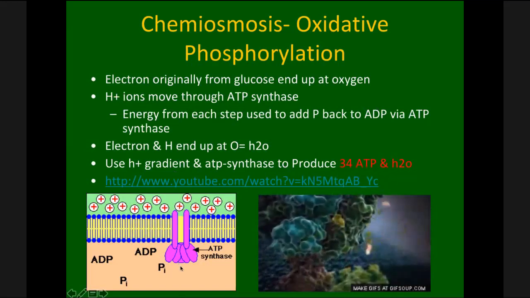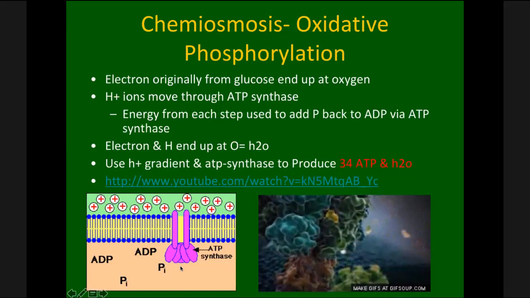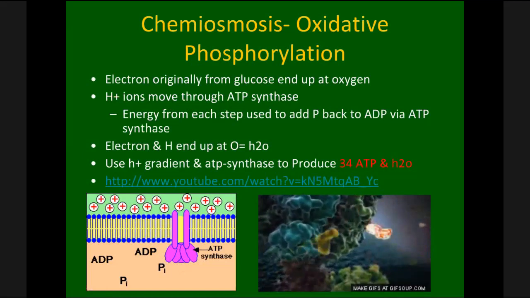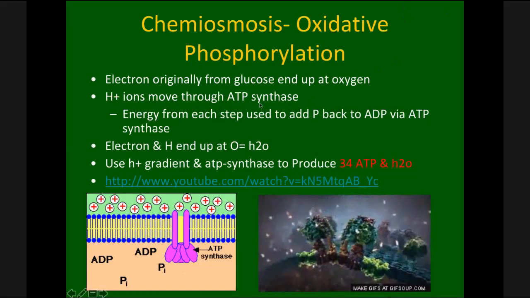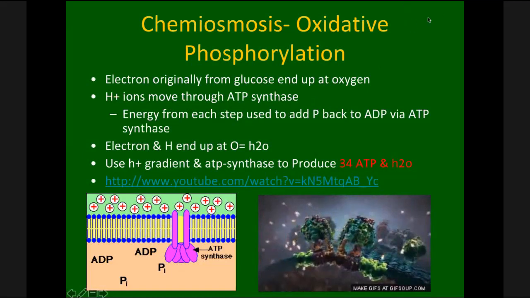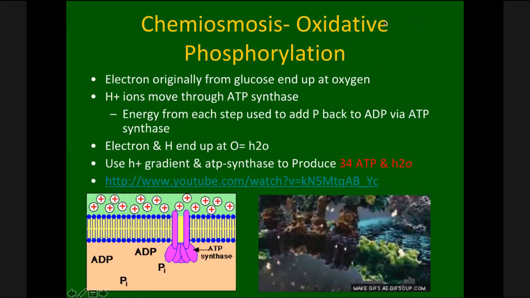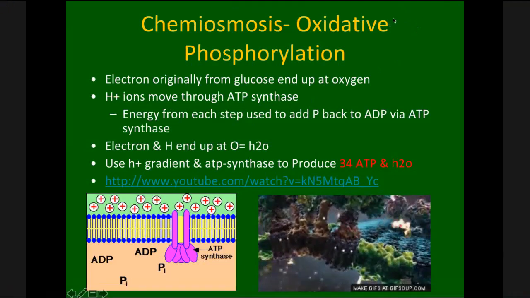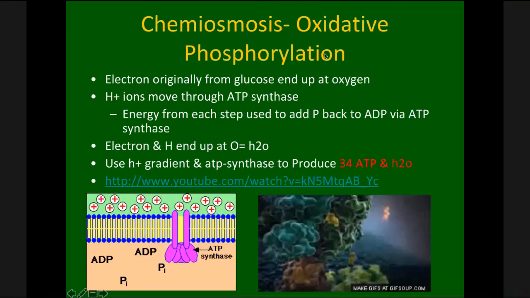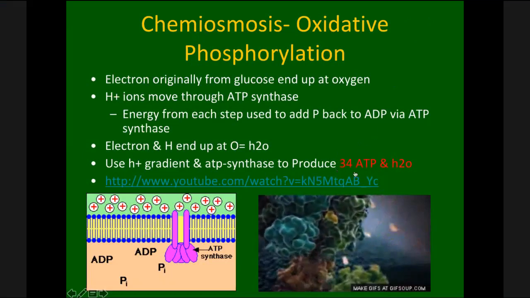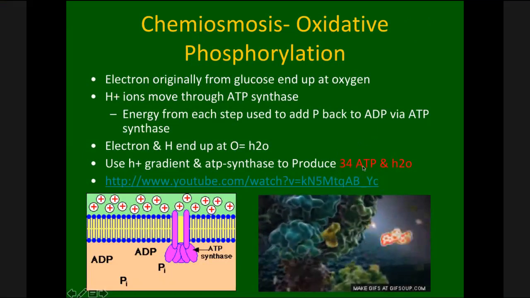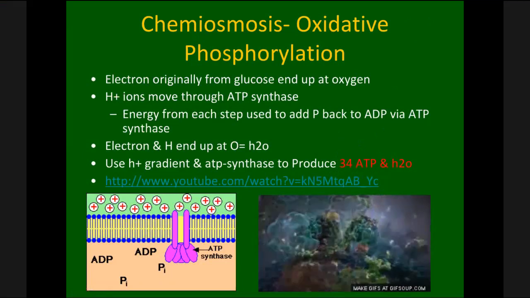As they move through that ATP synthase, they literally turn it like a turbine, and that kinetic energy we can use to put a phosphate back onto an ADP. This is going to be the big yielding stage. We're going to yield 34 ATP from this stage.